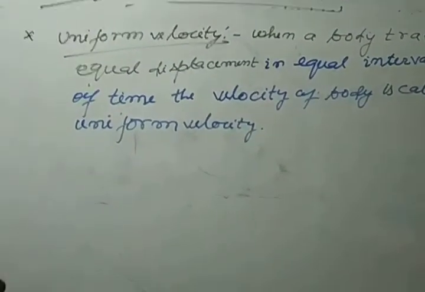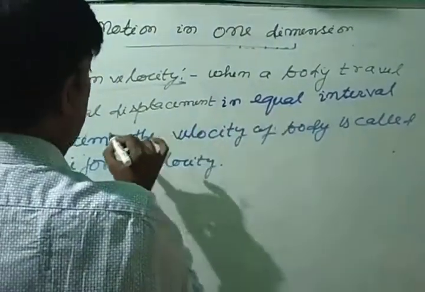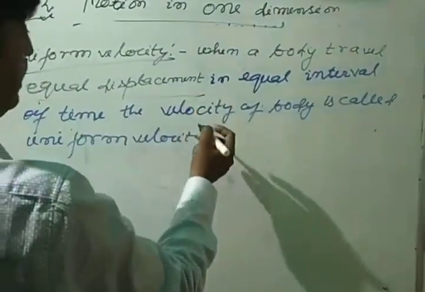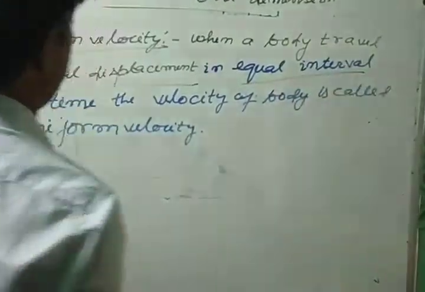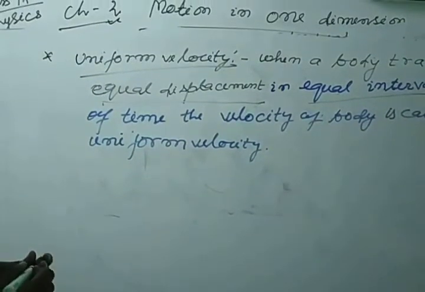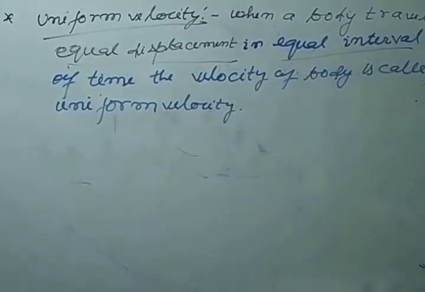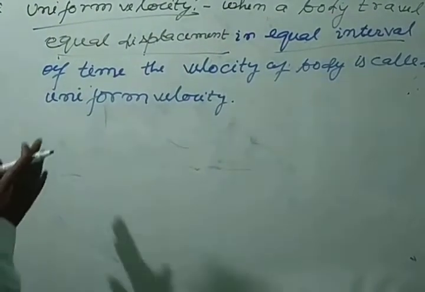Here two points are important. First, equal displacement, and second, equal interval of time. It means if a body travels equal displacement in equal interval of time, then the velocity of the body is called uniform velocity.